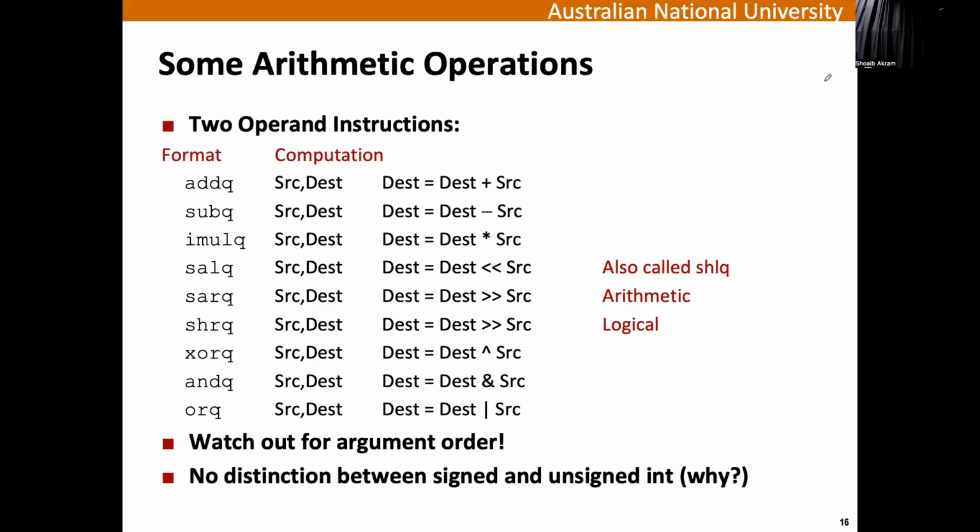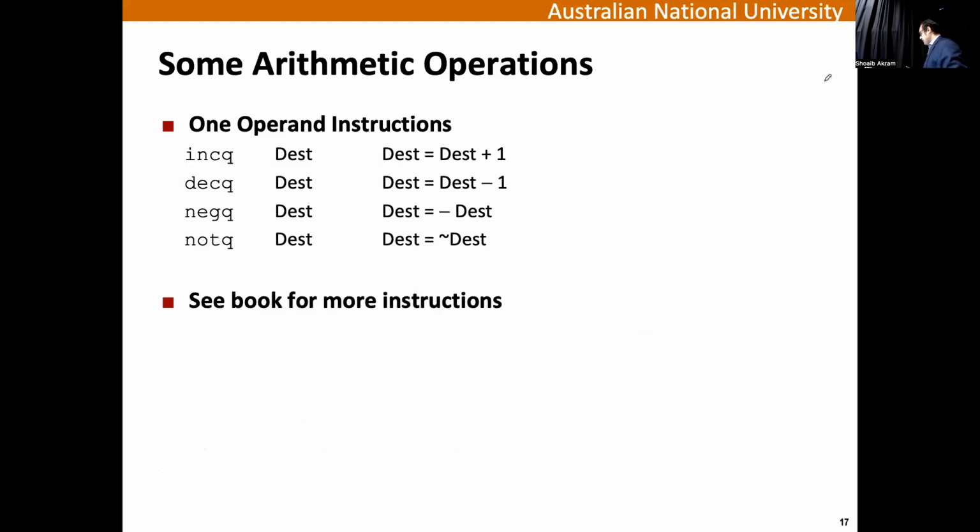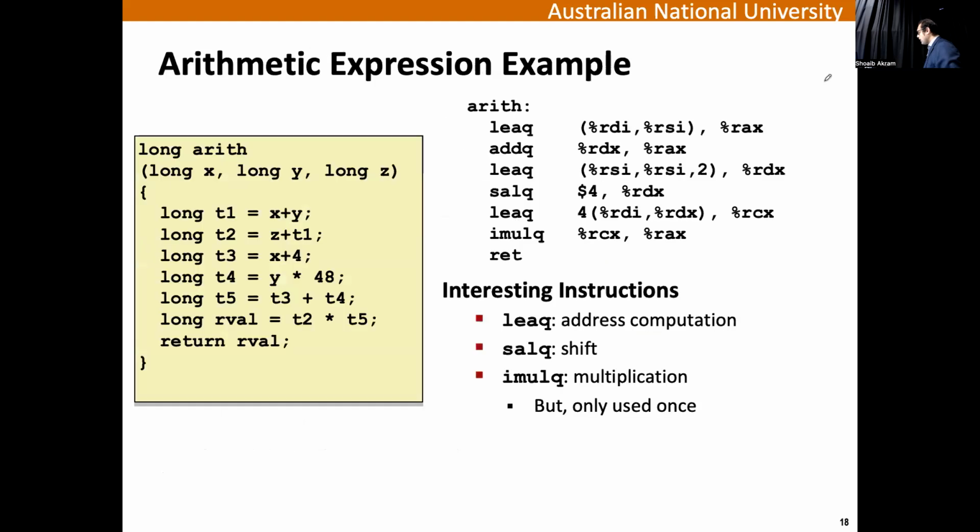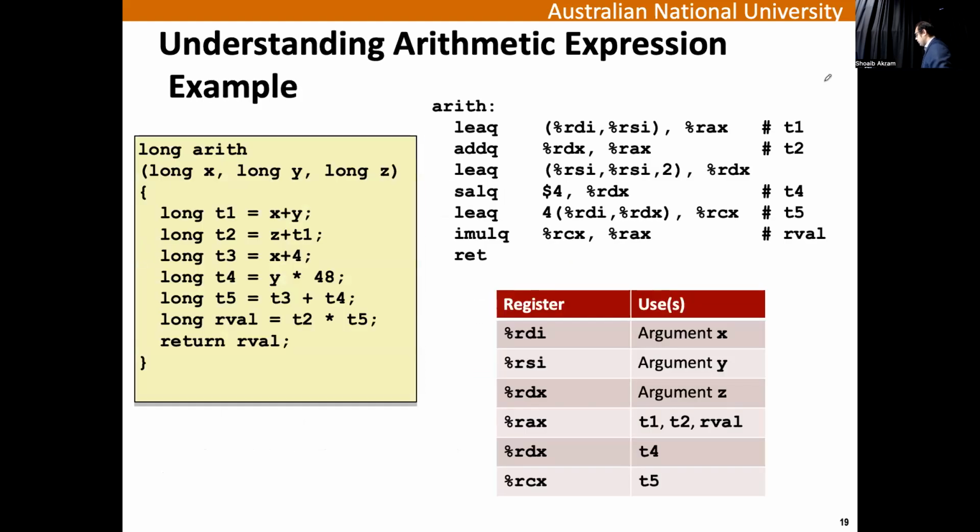These are all the arithmetic instructions, and they make intuitive sense at this point. AND, OR, XOR, add, subtract. There are also increment, decrement, negate, not instructions. We can look at an example of how the compiler does the transformation of arithmetic code in C to assembly.